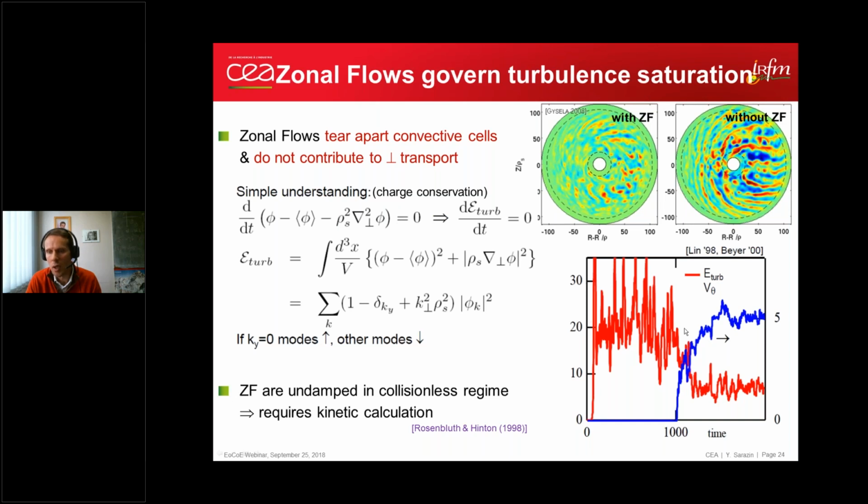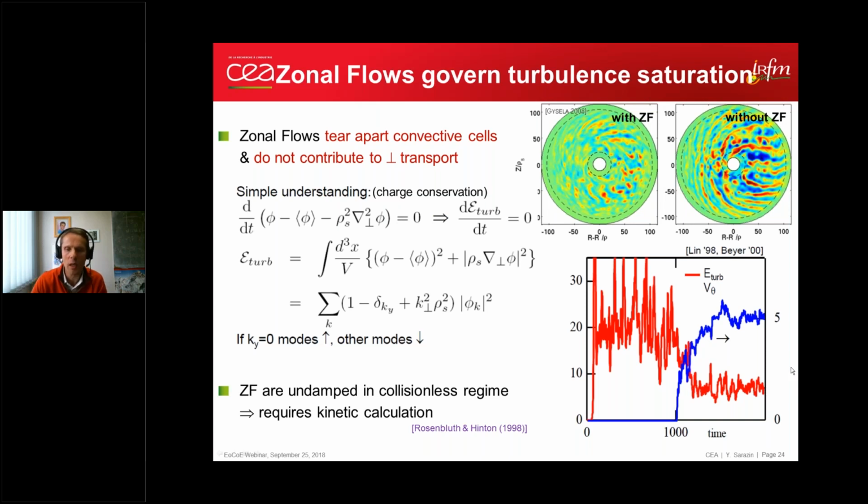Similarly, if you look at the turbulent energy carried by small-scale turbulence versus time, this is what you get in the absence of zonal flow. And when you switch on the zonal flows, part of the energy of the turbulence goes to the zonal flows, and the energy of turbulence is reduced.